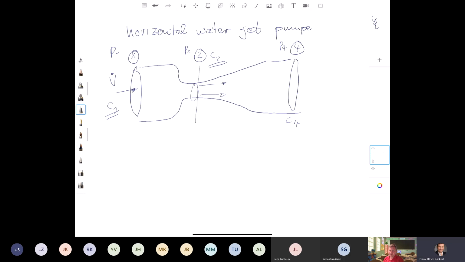Come on, guys. If diameter 1 is bigger and diameter 2 is smaller, how will the velocity change? Of course, C2 must be higher because A2 is smaller.